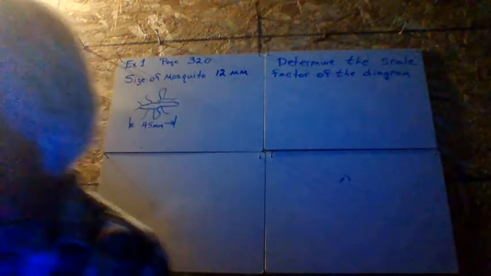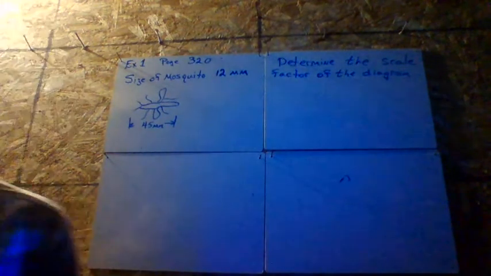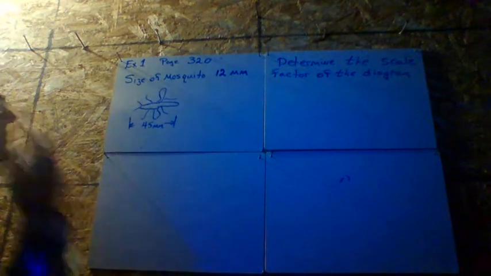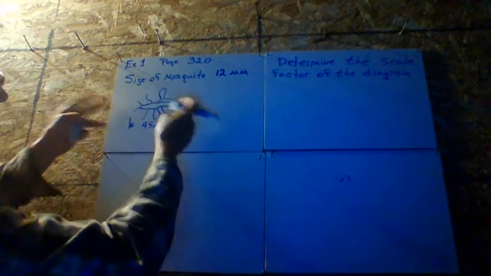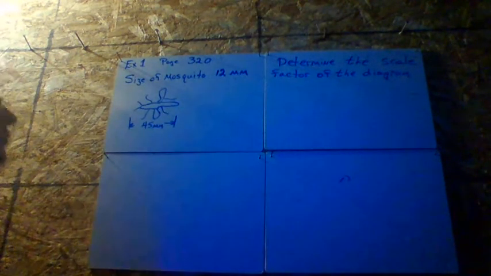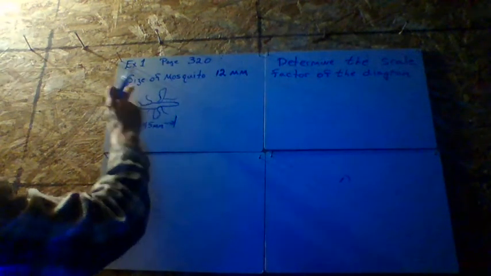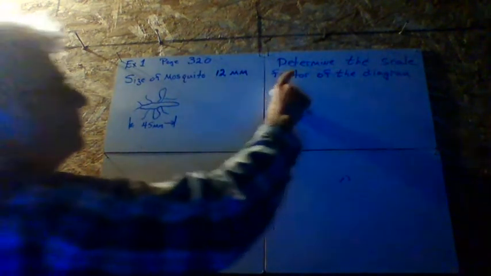Then they give you the picture, or the diagram of it. What they ask us to do is determine the scale factor of the diagram. Here's my diagram, not quite as pretty as theirs, but its length, when you measure that diagram, was 45 millimeters. Then they tell you the actual size of the mosquito was 12 millimeters.